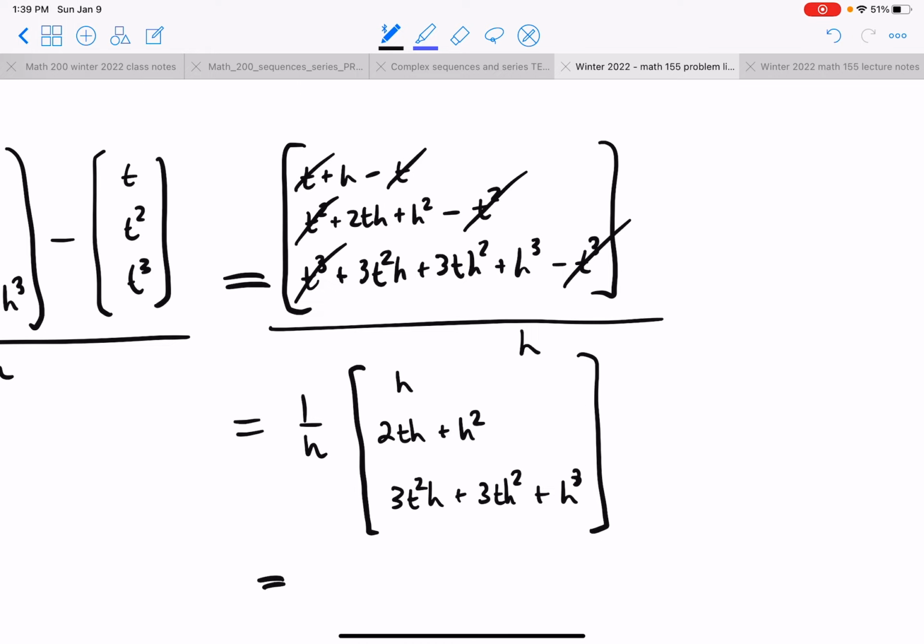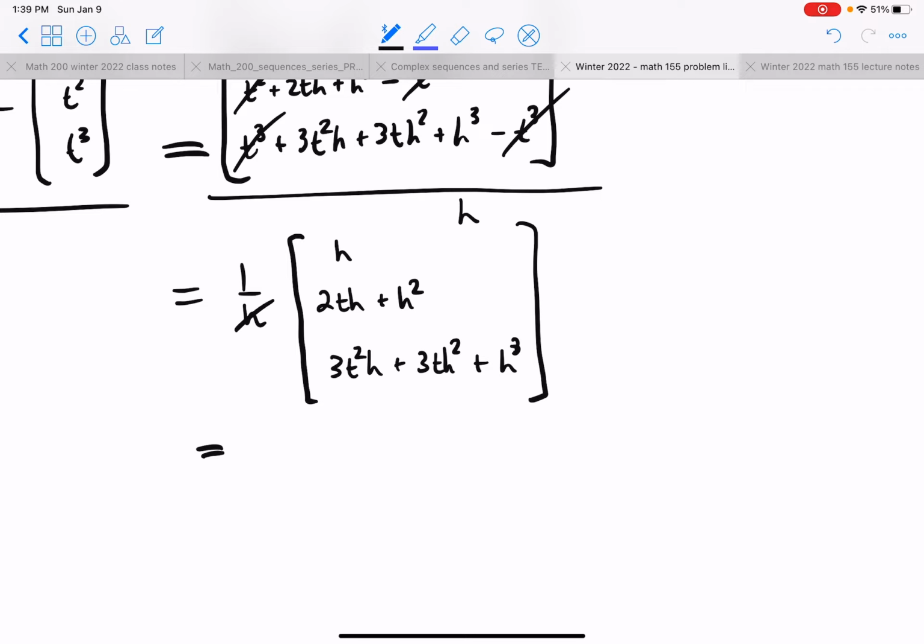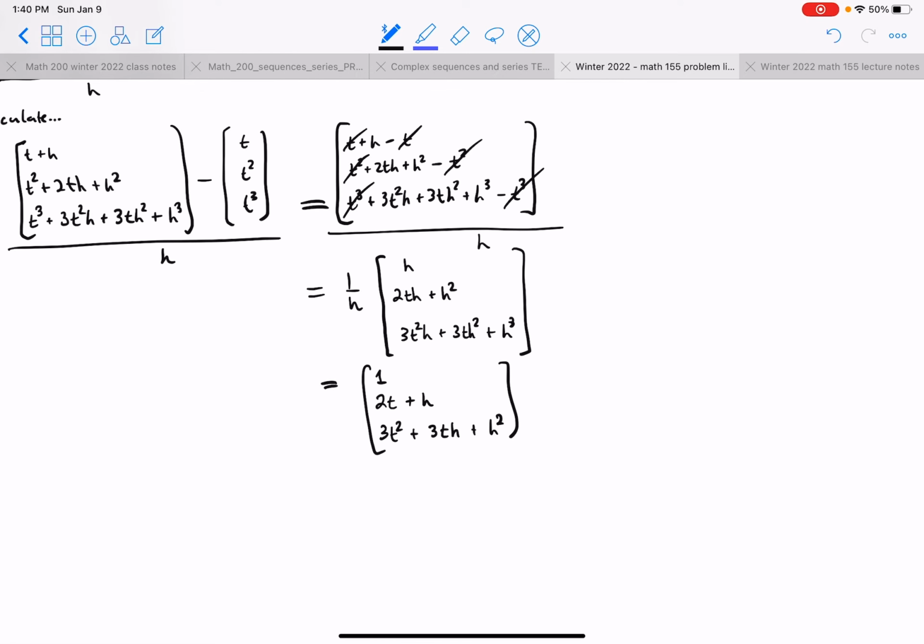So what do I get? I get h divided by h is 1. This becomes a 2t, and this becomes an h. This becomes just a 3t squared. And then the rest have h's. Even after I cancel, they still have h's. And now, what do I say?